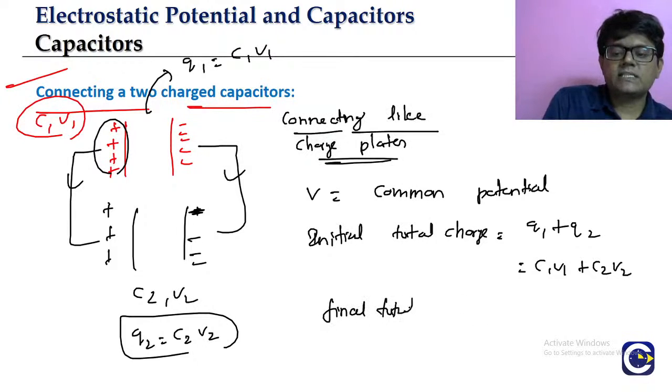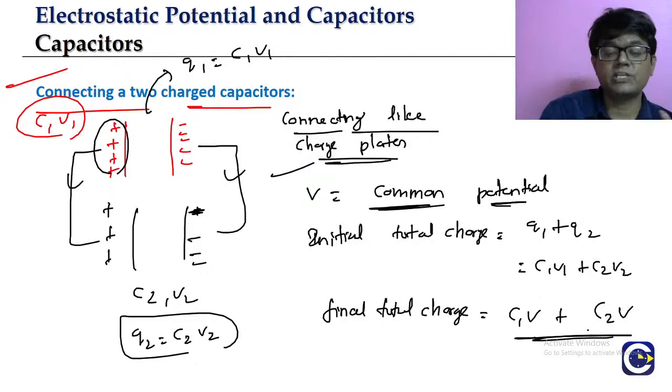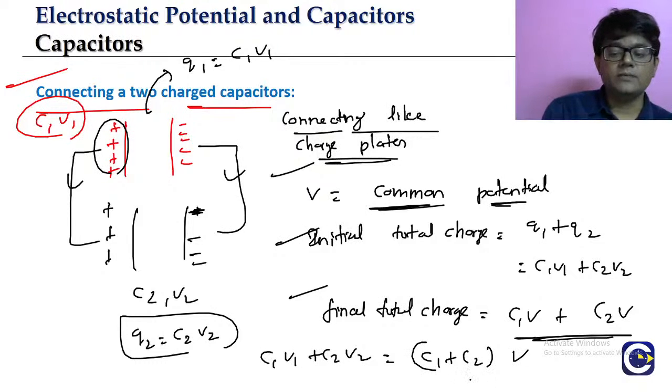Final total charge: finally both the capacitors will have the same common potential, so charge on capacitor 1 is C1 into V, and charge on capacitor 2 is C2 into V. There will be no charge loss, which means the initial total charge will be equal to the final. So C1 V1 plus C2 V2 is equal to, taking V common on this side, C1 plus C2 into V.